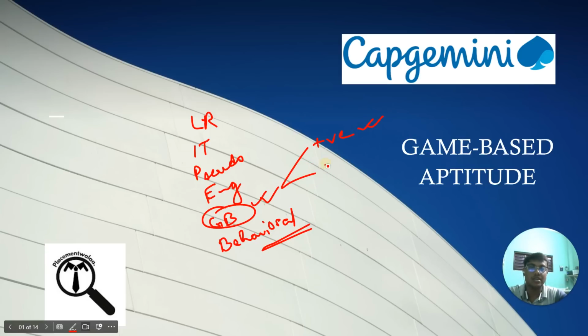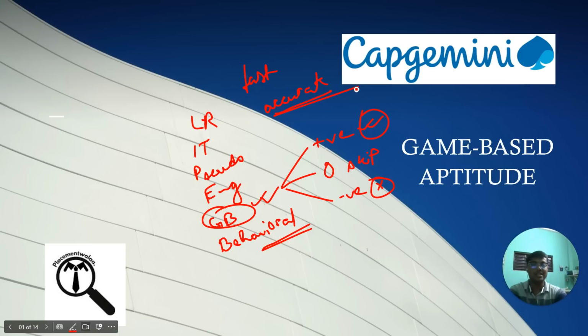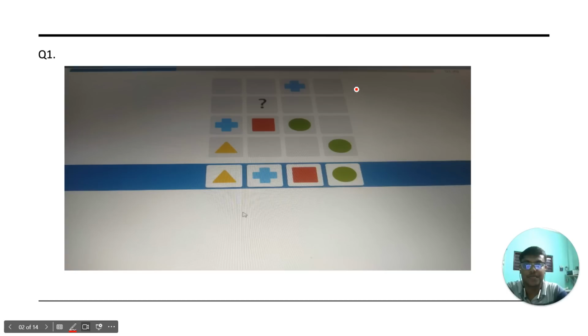Then you would have 0 for any questions that you skip, and you would have negative marking for any wrong answers, right? So you need to be fast and you need to be very much accurate while solving these questions. So without further delay, let's move on to the questions directly.